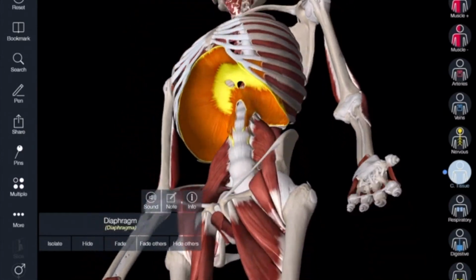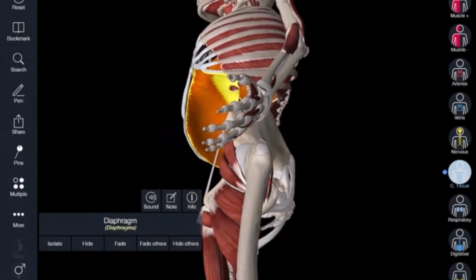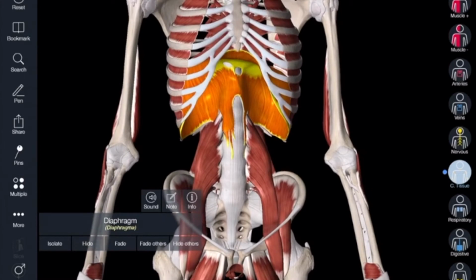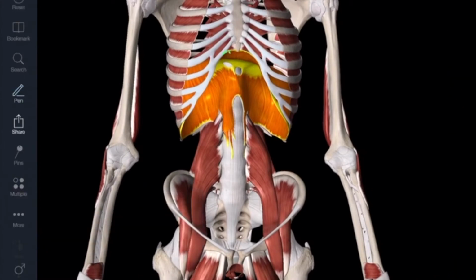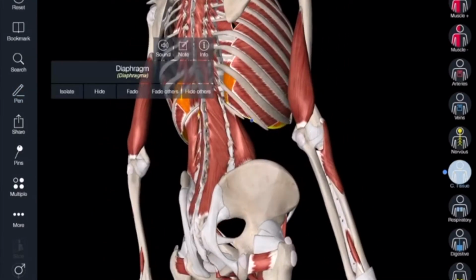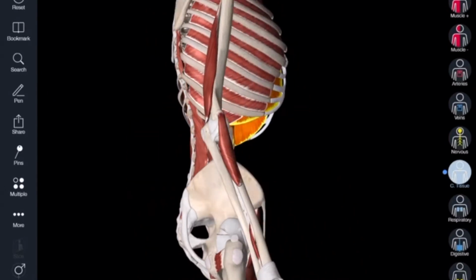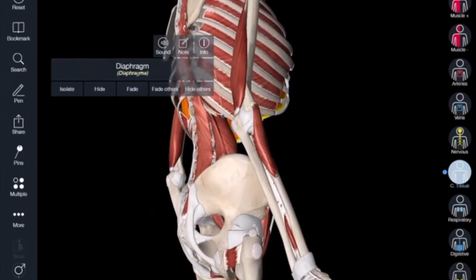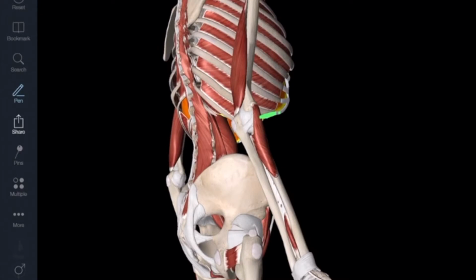And it attaches to the inner surface of the costal cartilages in through here on both sides. And then it attaches to the ribs down in through here. So these lower few ribs it attaches to. Here, here, here, it's attaching to ribs.